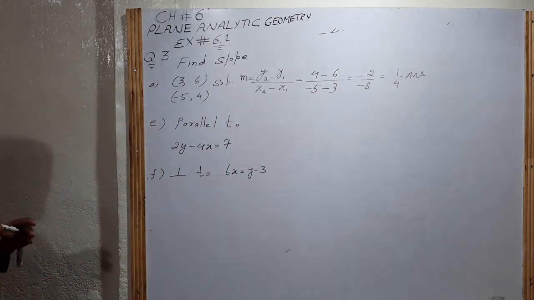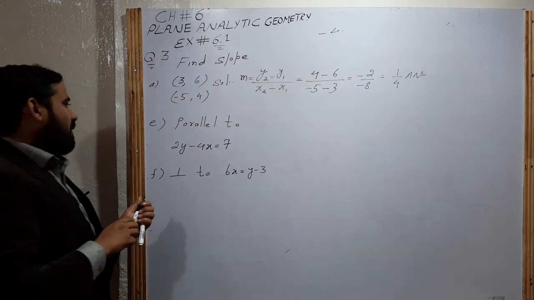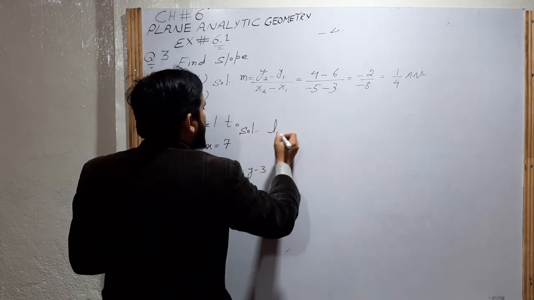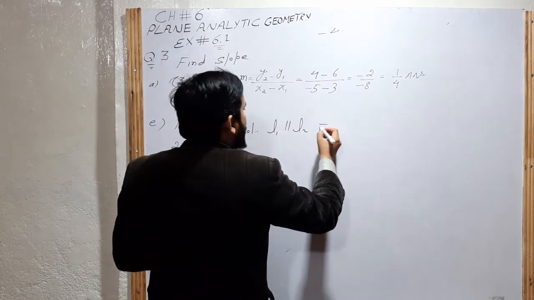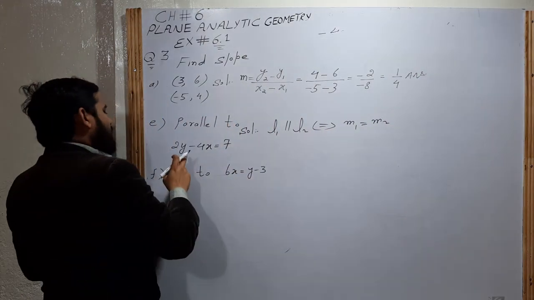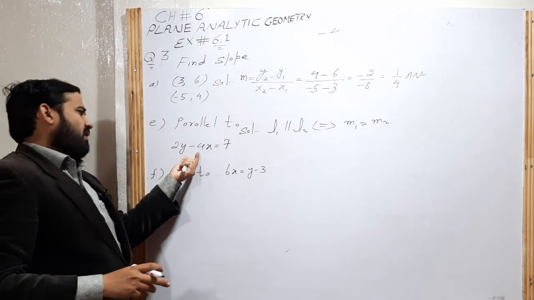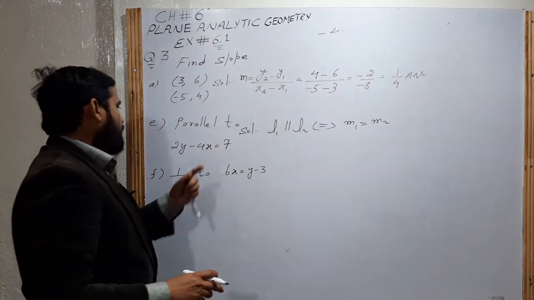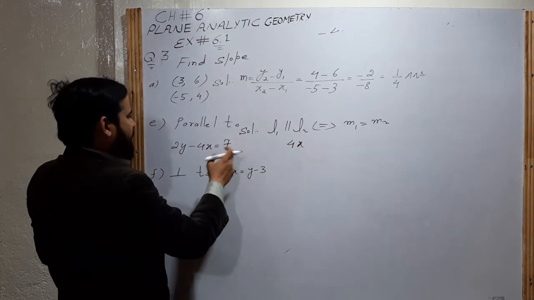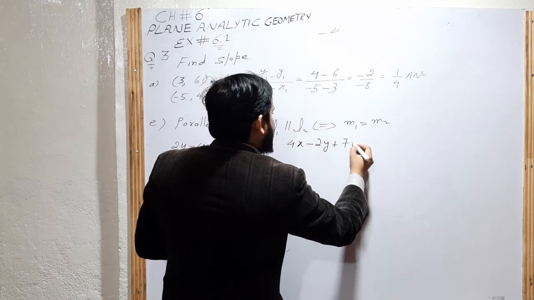Next is to find the slope of a line parallel to this line, and we know that L1 is parallel to L2 if and only if m1 equals m2. It means that the slope of this line and the parallel line are equal. So find the slope of this line. Simplify that: 4x to the right, this is positive, -2y + 7 = 0.